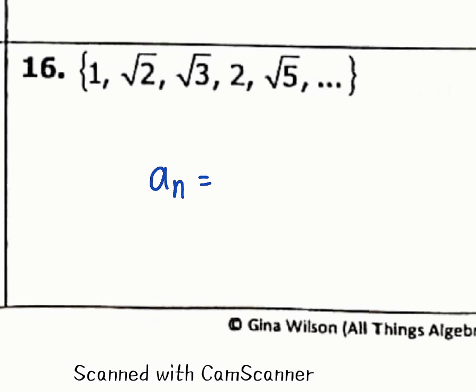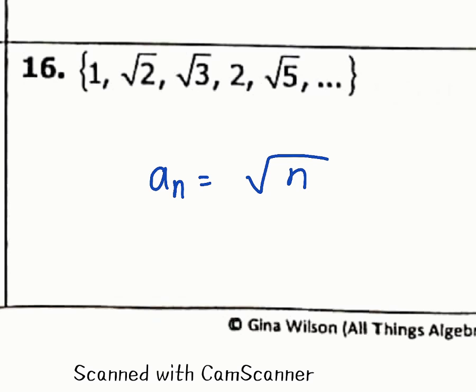You may have an idea. Square root. You're taking the square root of n. The square root of n is your explicit rule. How do I know that? Because the first term you plug in 1. What is the square root of 1? 1. Perfect. For the second term, you plug in 2. What's the square root of 2?